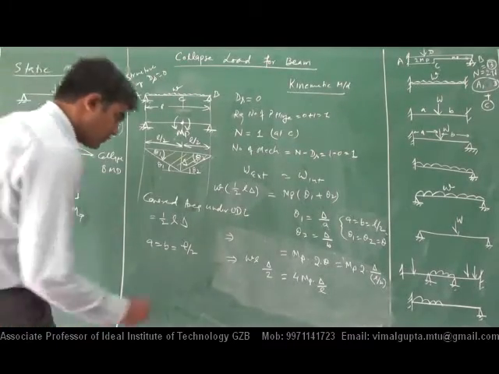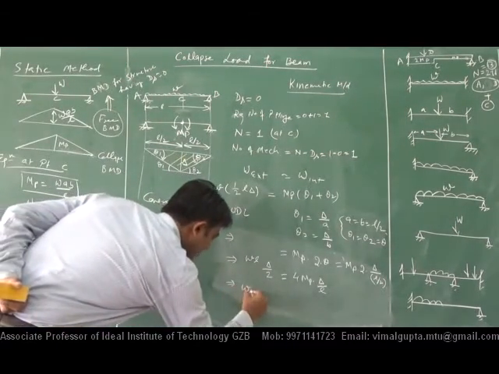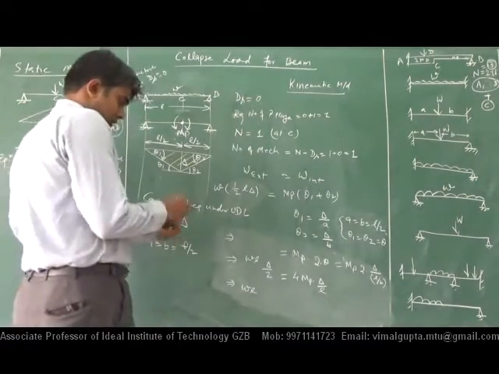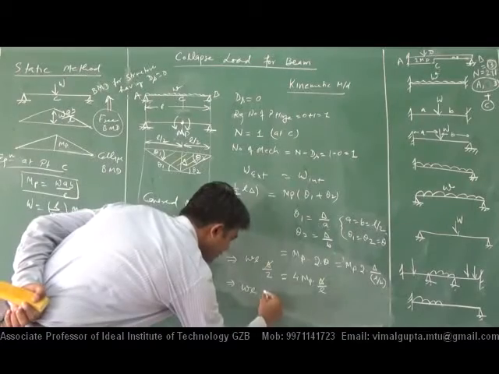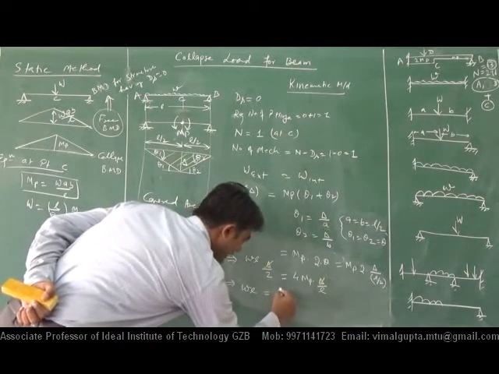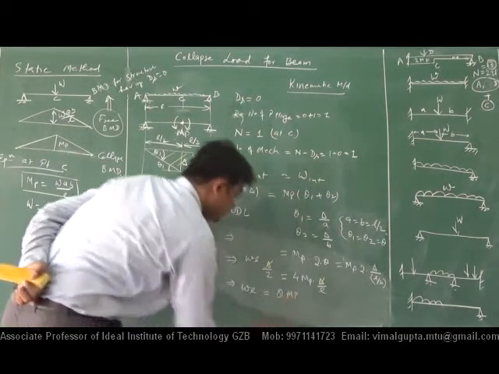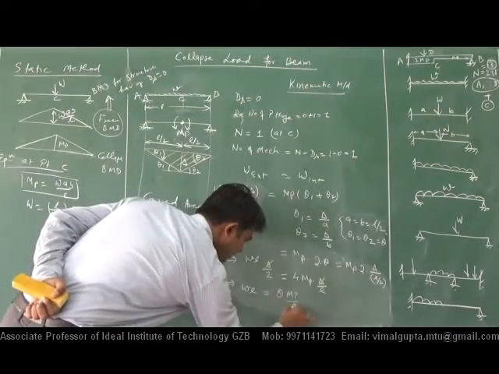So the value of WL, delta will be cancelled out, so the value of WL is equal to 8 MP by L.